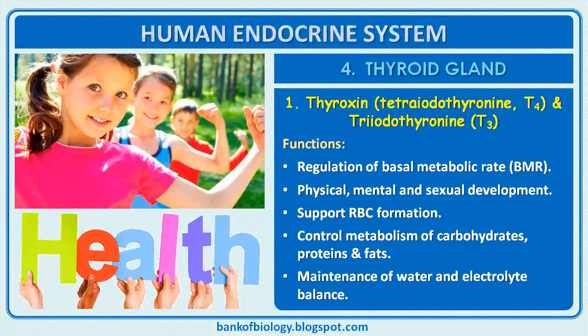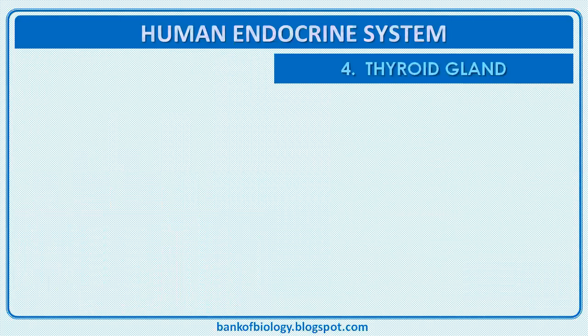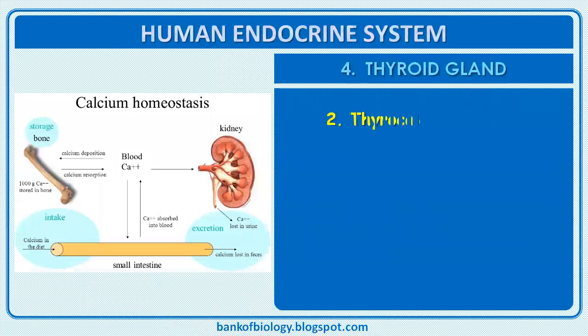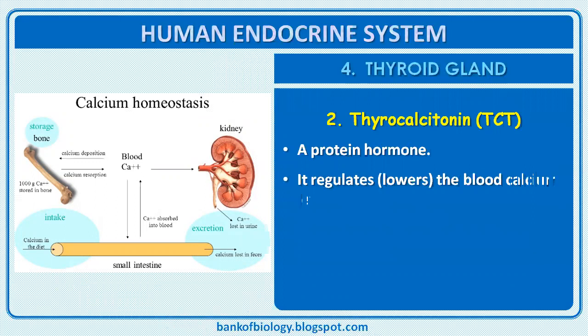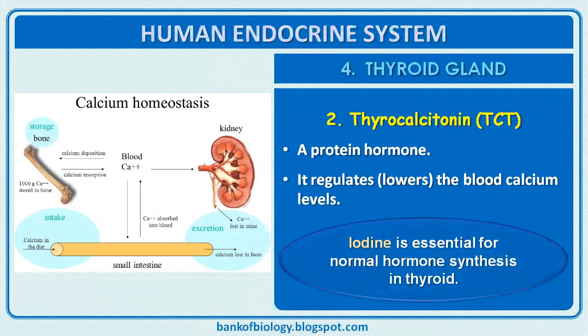But here also we have a sentence in the textbook. Thyrocalcitonin: calcitonin is a protein hormone which regulates blood calcium levels. Simply, calcitonin lowers the calcium levels in ECF. That means calcitonin favors strengthening of the bone.